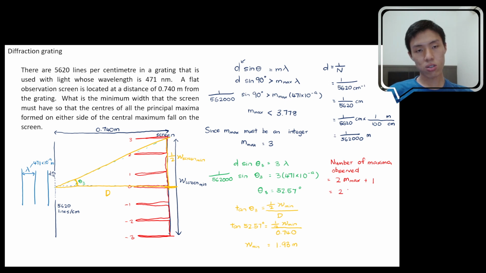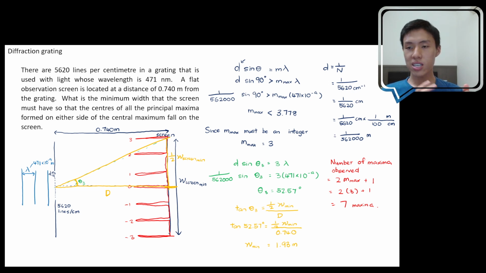This is 2 times 3 plus 1, so in total you get 7 maxima on the screen. So 2m plus 1 is also an important skill to have to determine how many maxima you can form on the screen.